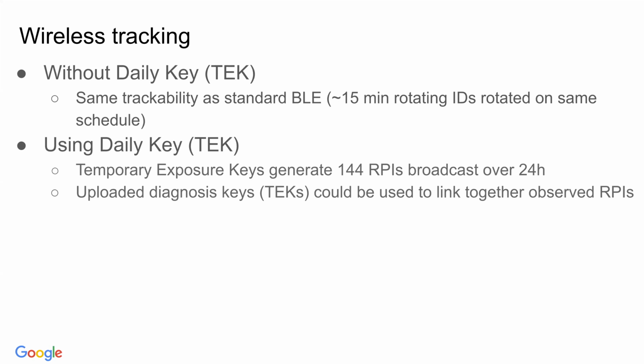One is without using the daily key, and in that case, the tracking risk is really identical to the standard BLE tracking risk, which is governed by the 15-minute MAC address rotation. And we don't think that exposure notifications adds any tracking risk to the standard BLE system.